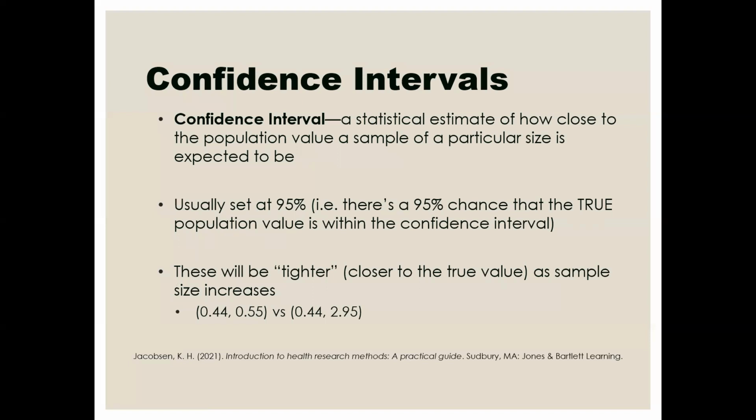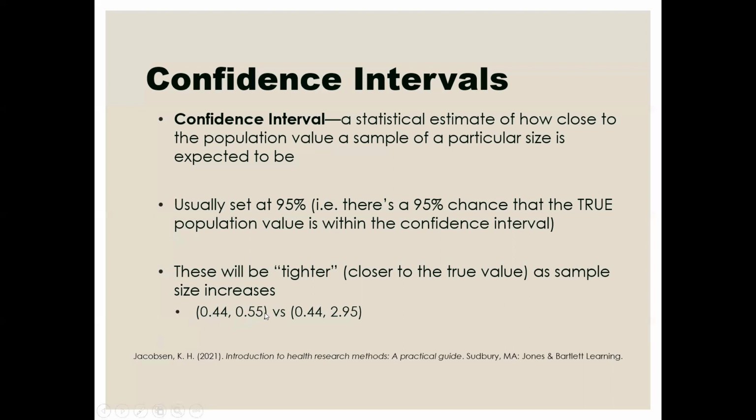And think back, right, within the diagram that we had. If you have a larger sample, you expect that the sample estimate should be very close to the population value. So whenever you see a confidence interval that's smaller, you know that the sample will be more close to the population. And you probably also know that the sample is larger.